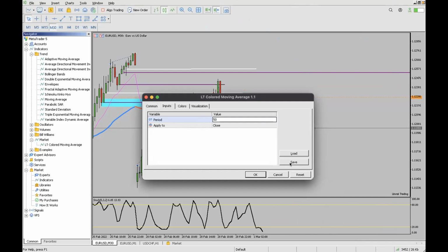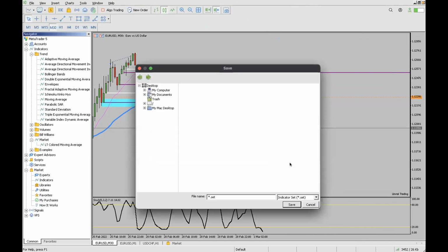Put it on 50. Do I save that? Save it. Any suggestions on how to save it? When you hit load, I'm not familiar with the Mac.